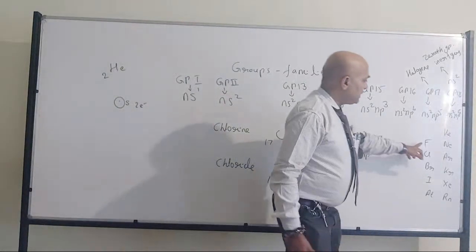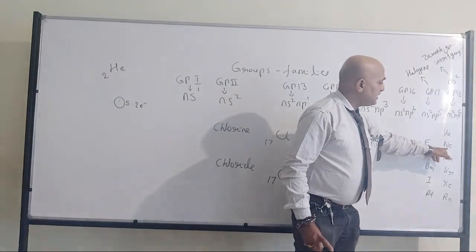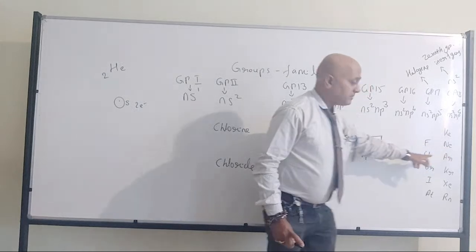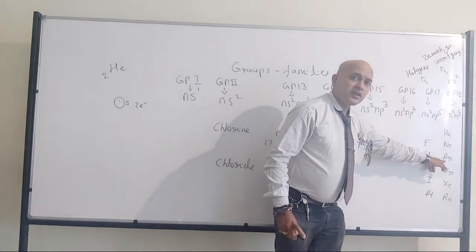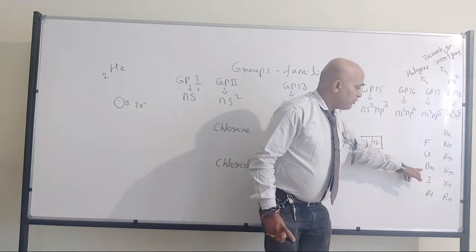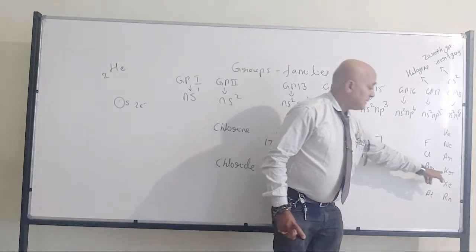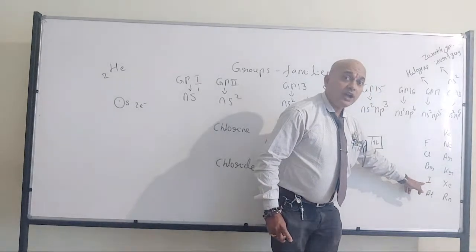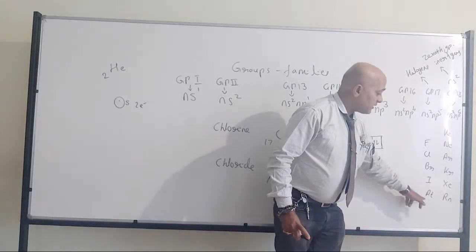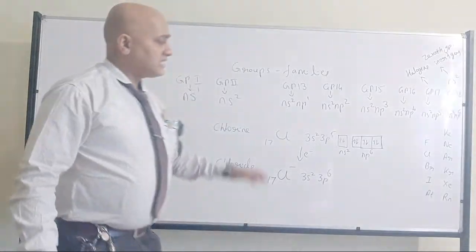If fluorine becomes fluoride, it has the neon configuration. If chlorine becomes chloride, it has the argon configuration. If bromine accepts one electron, it becomes bromide and attains krypton. Iodine becomes iodide, then xenon. Astatine we will not discuss here because it's a radioactive element.